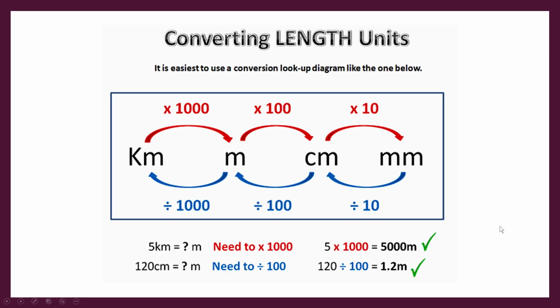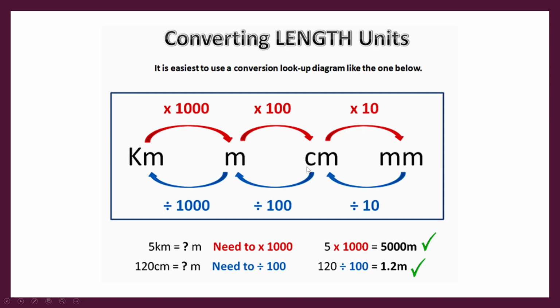If you need a little bit more help, you can use this helpful chart. For example, if you want to convert kilometers into meters, multiply the number of kilometers by 1,000 to get the number of meters. If you want to get the number of centimeters in a meter, multiply the number of meters by 100.